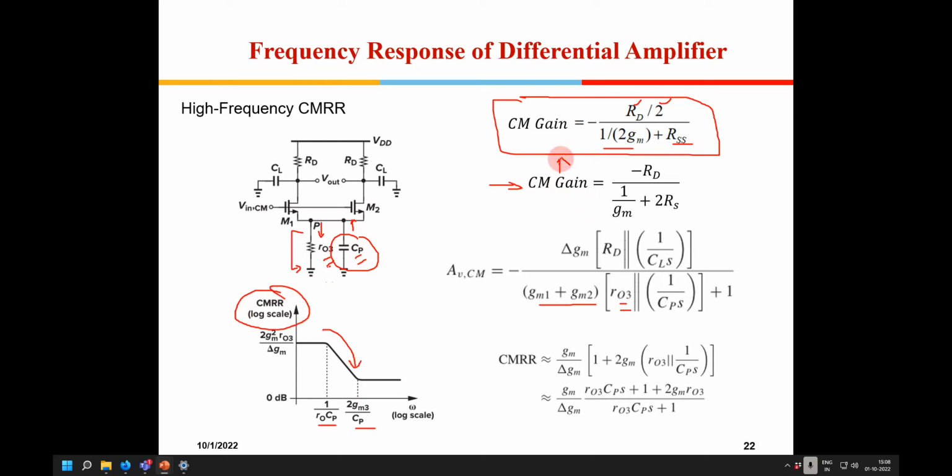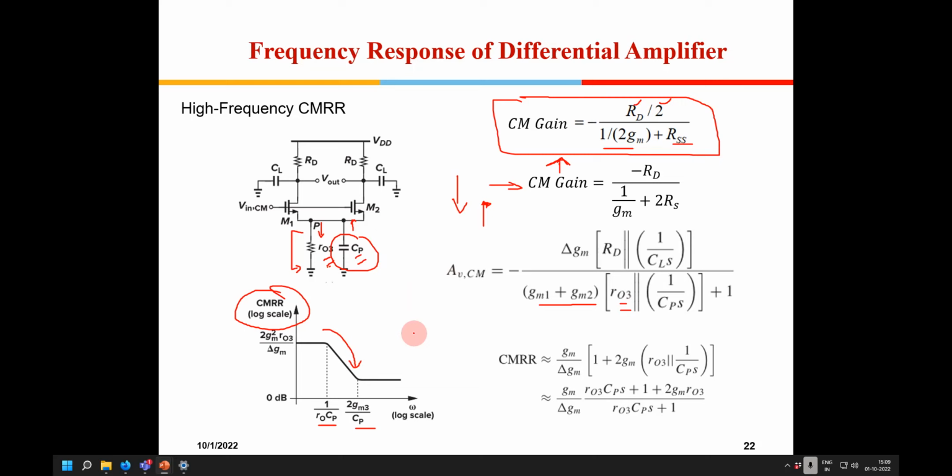Common mode gain will increase and the differential gain will decrease. So your common mode rejection ratio will decrease with increased frequency. So that is what happens with a differential amplifier. Is it okay with all of you?